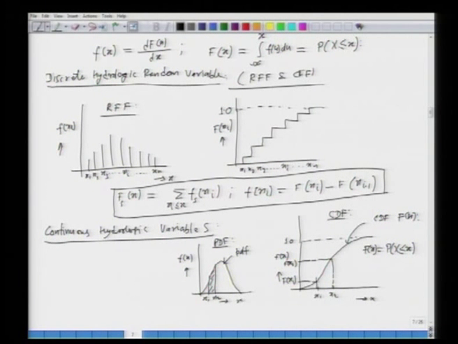So, you can say your F at x1 is nothing but the probability of X having a value less than or equal to x1, and F at x2 will be the probability of your random variable having a value less than or equal to x2. So, F of x is equal to the probability of X being less than or equal to x, which in terms of the PDF is nothing but the area under the PDF from minus infinity to x.